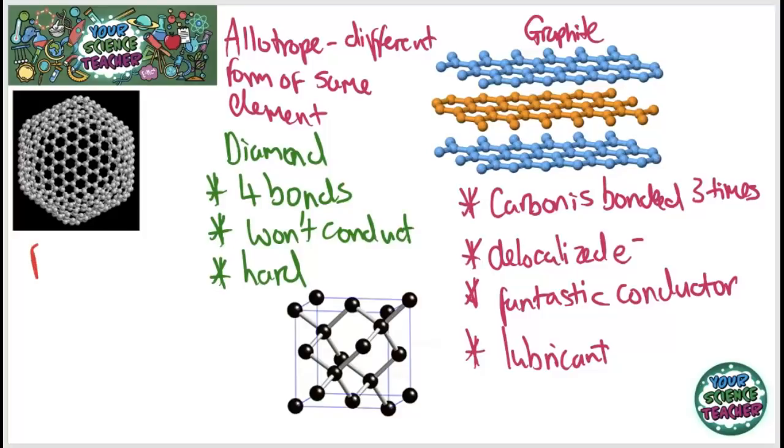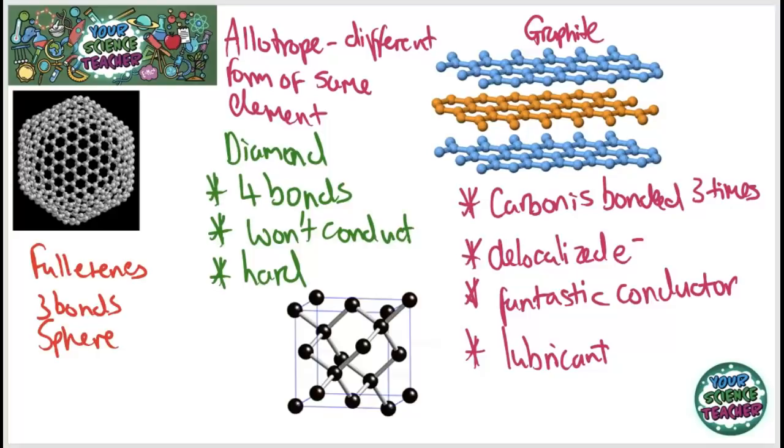Finally, we'll look at fullerenes, and in fullerenes the carbons are bonded 3 times. It's basically graphite rolled up into a spherical structure, and if you have 60 carbon atoms, we call this a buckyball. That's a specific type of fullerene. Now, it will display quite a lot of similar features to graphite.